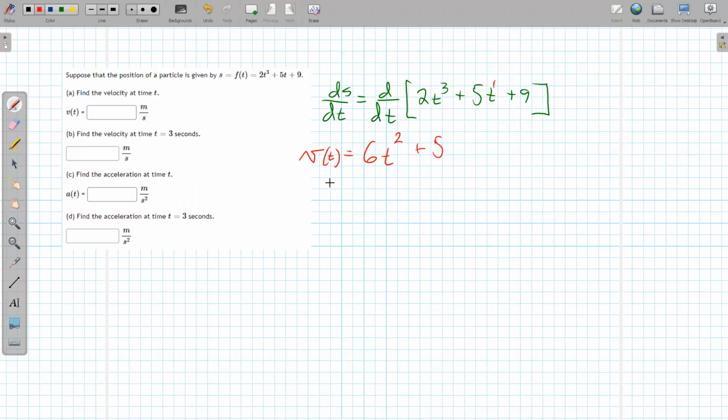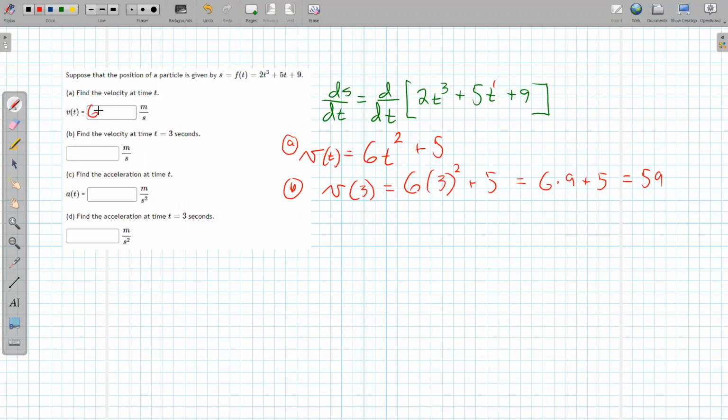And so that next part right there, so this is part A. Part B is simply what is V evaluated at 3, which is just 6 times 3 squared plus 5. So what's that? 6 times 9 plus 5. On a good day, that's 54 plus 5 should be 59 for my version.